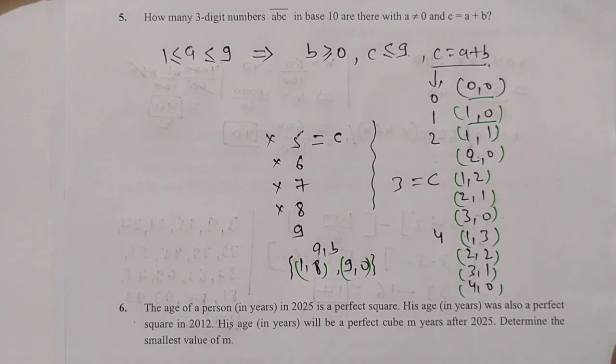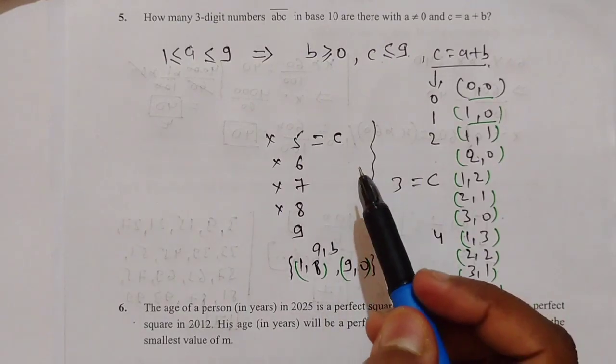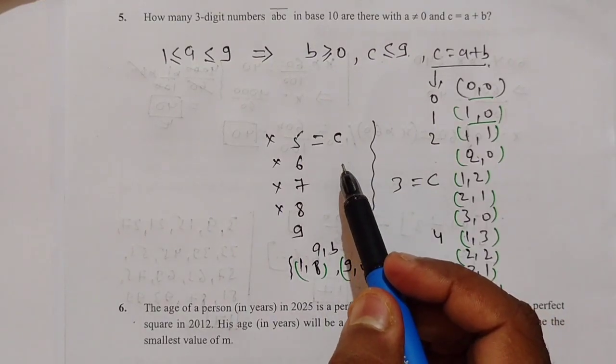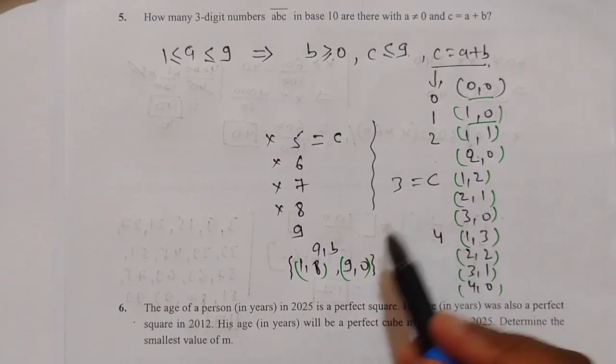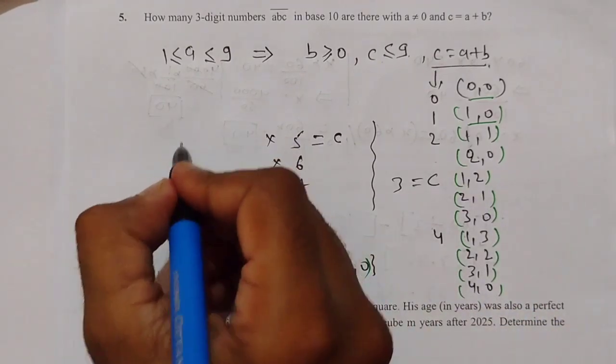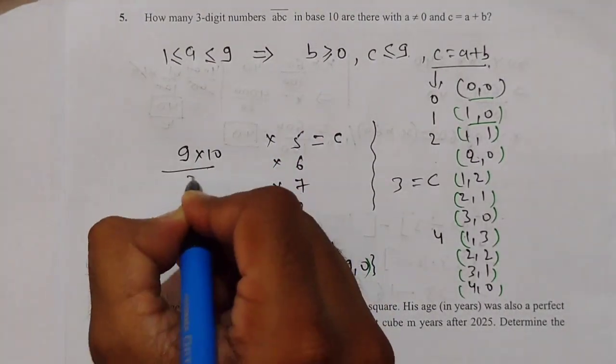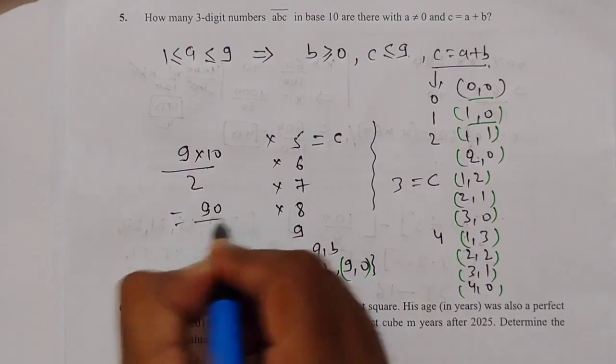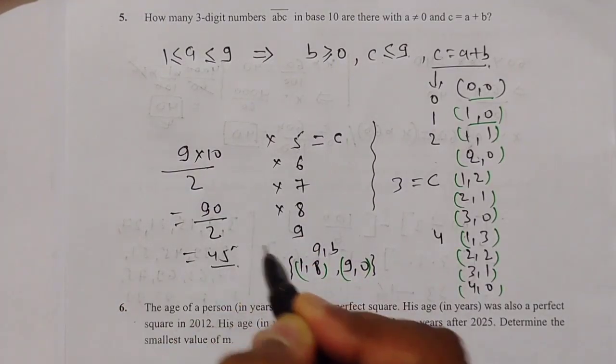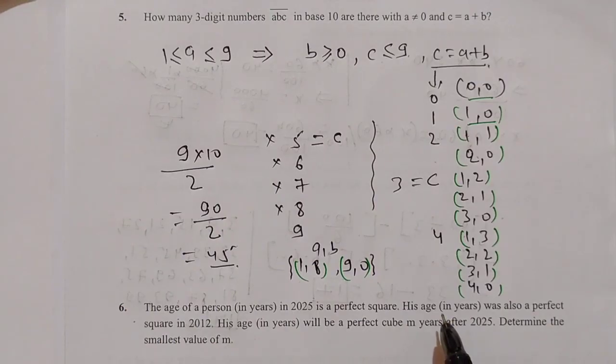So now here we can write the total will be like 9 into 10 by 2, and this is 90 by 2 is equal to 45. So we can form a total of 45 3-digit numbers in base 10 with A not equal to 0 and C is equal to A plus B.